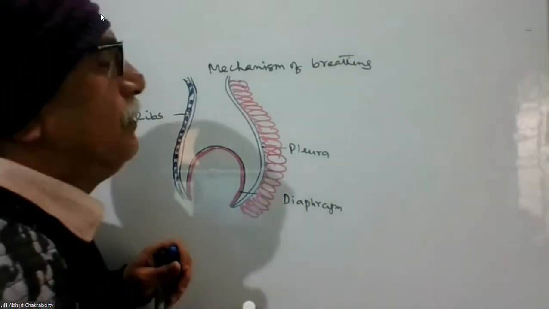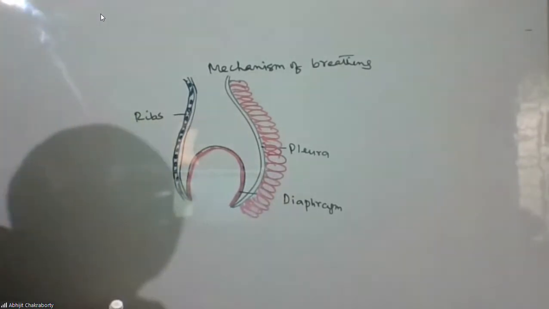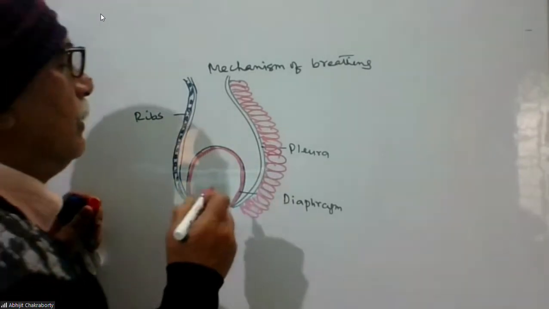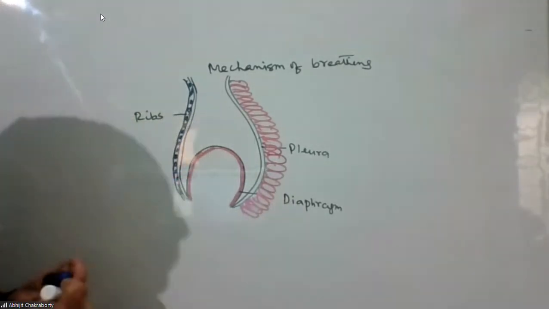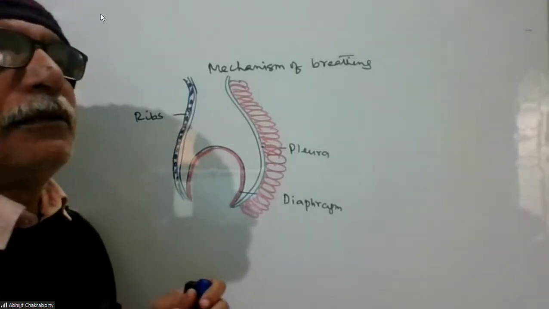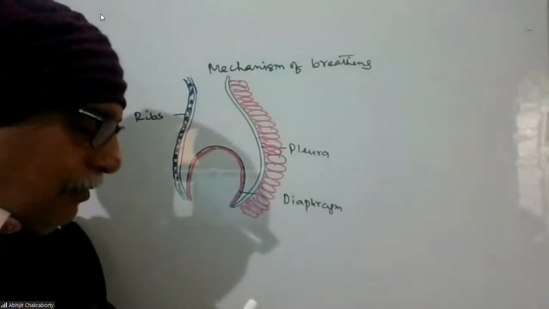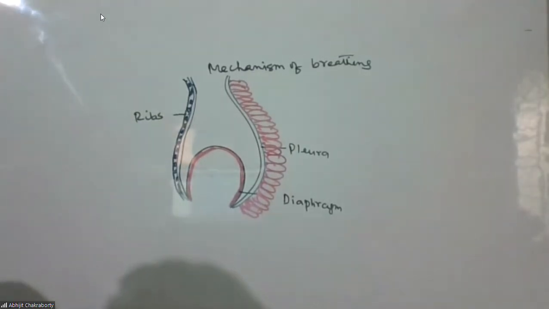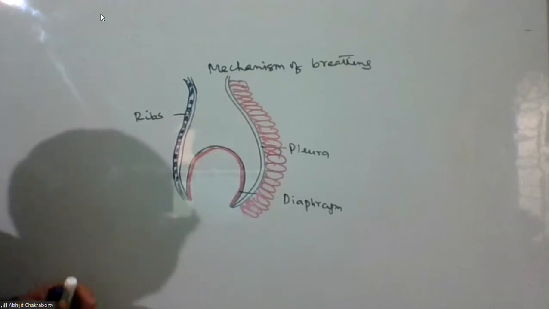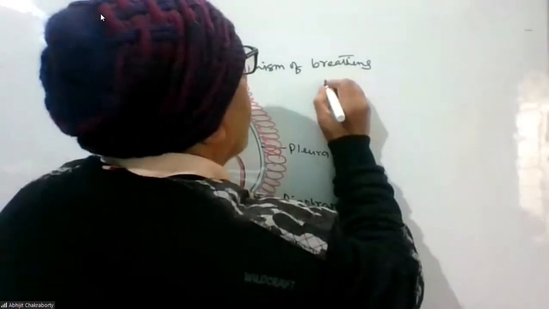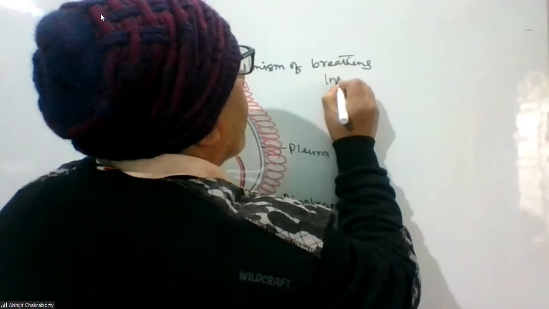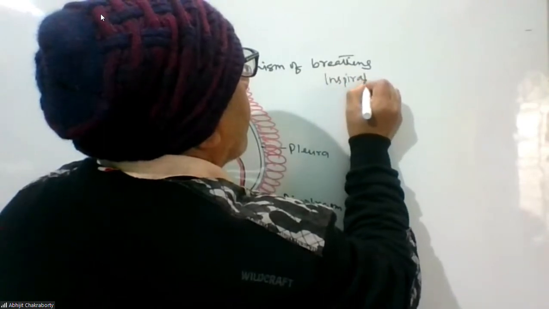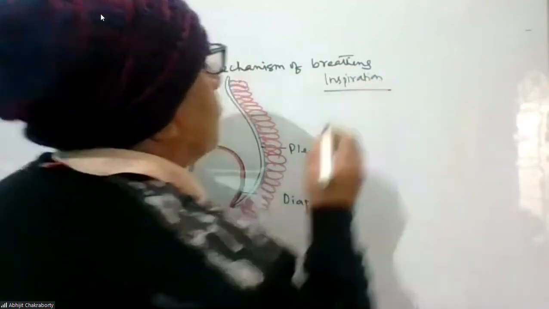Now, what happens during inspiration? During inspiration, the external intercostal muscles contract.